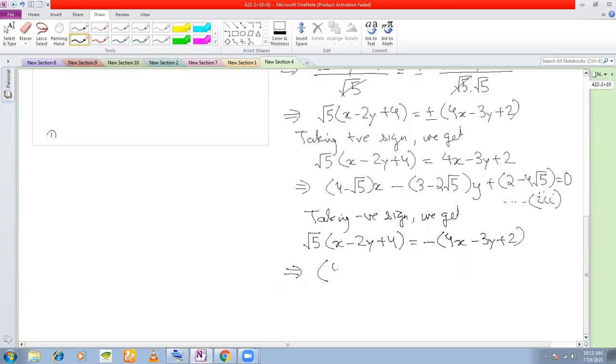You will get 4 plus root 5 x minus 3 plus 2 root 5 y plus 2 plus 4 root 5 is equal to 0. Call this equation number 4. So 3 and 4 are the equation of the bisectors.